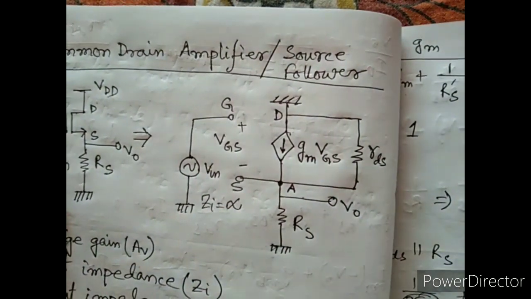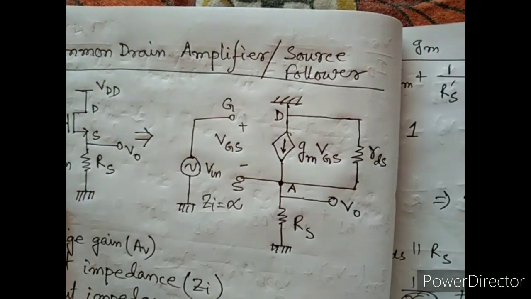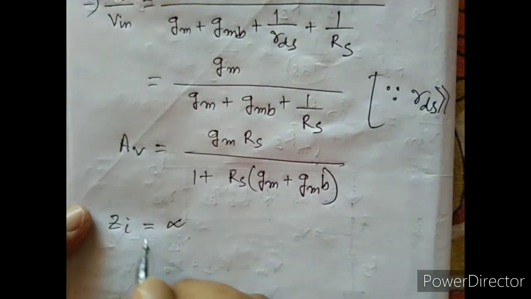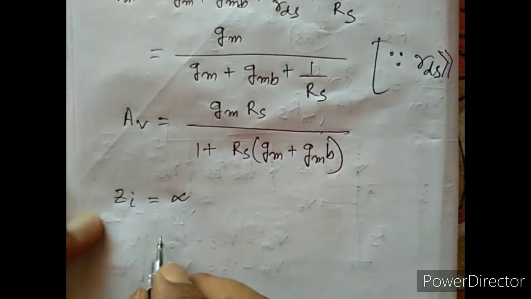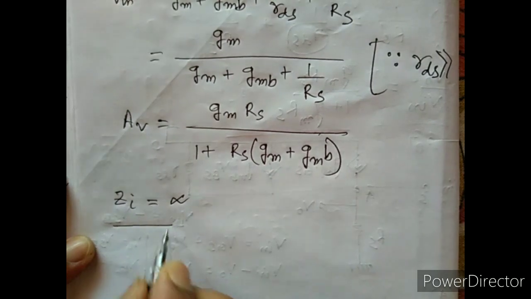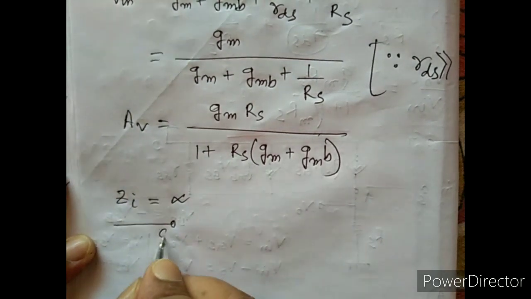So if we draw the equivalent circuit, Zi is very high. Now for output impedance, this is gate.